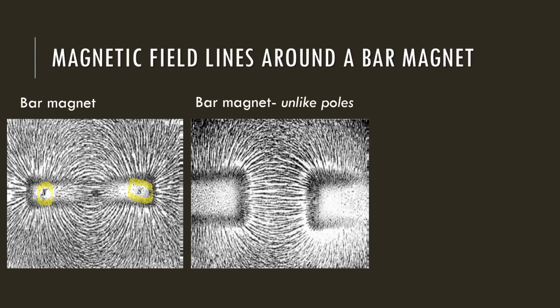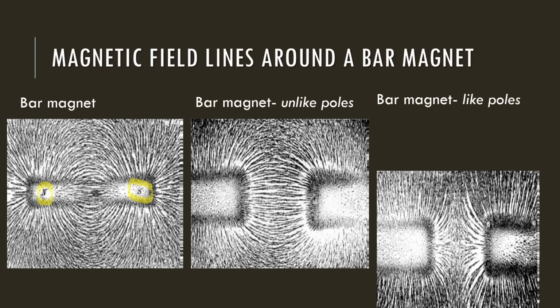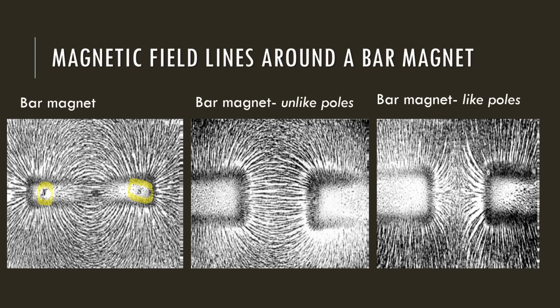This is a bar magnet with two unlike poles facing each other. And here, a bar magnet again with two like poles facing each other. So as you can see, over here it is an attraction force, and here is a repulsion force because the poles are like, which means they are the same, and here it is unlike poles, so it's a north and a south pole.